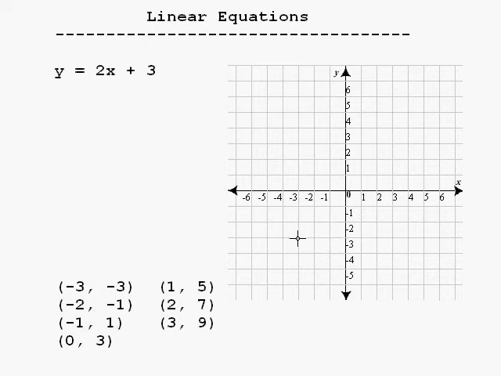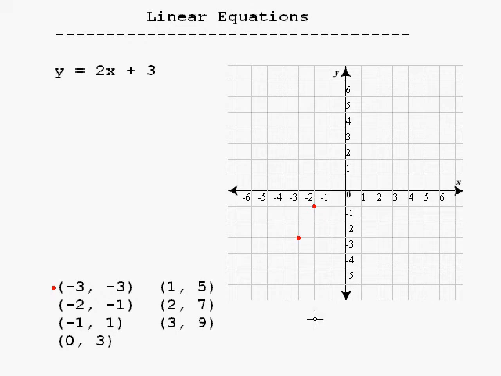I'll put a little dot here so I know that I've done it. So what about -2, -1? Here's -2, go down 1. Alright, I did that one.